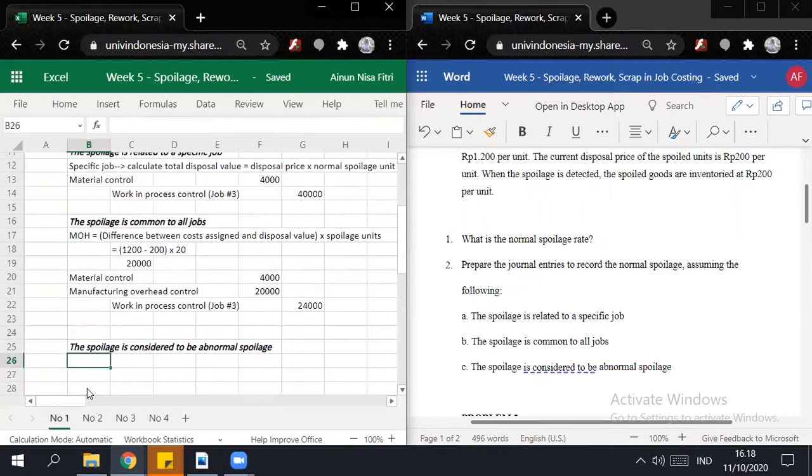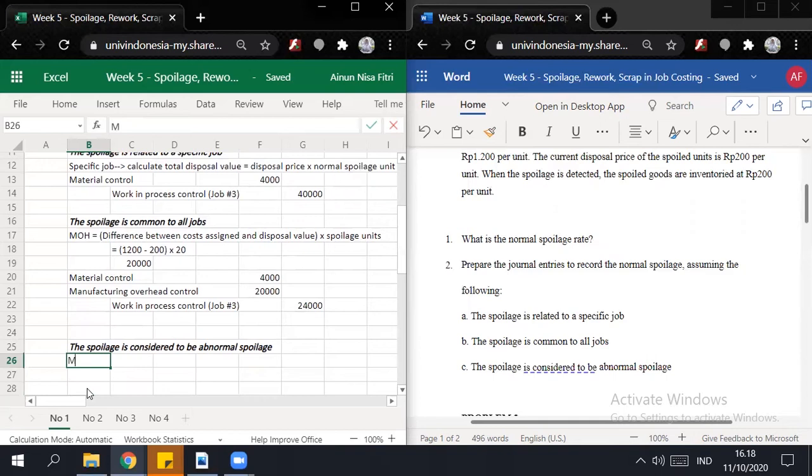And actually, the number is still the same, just like the second one. So the difference is only in the journal process. We did not recognize manufacturing overhead control, but we recognize it as loss from abnormal spoilage.